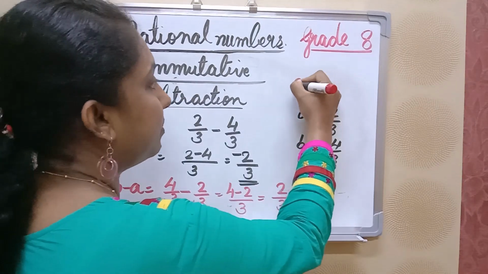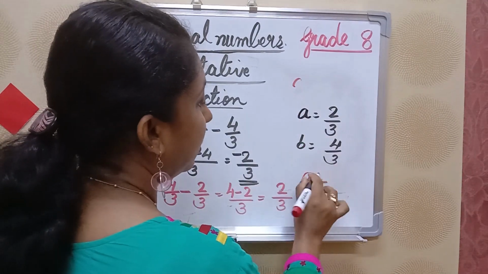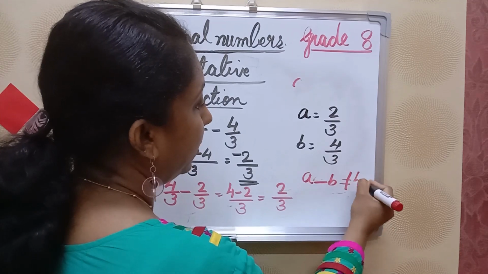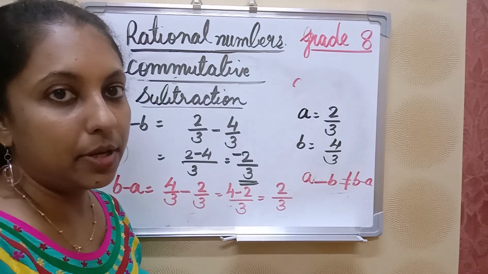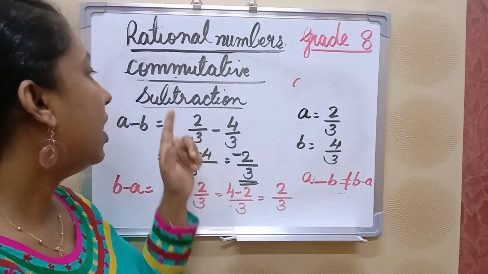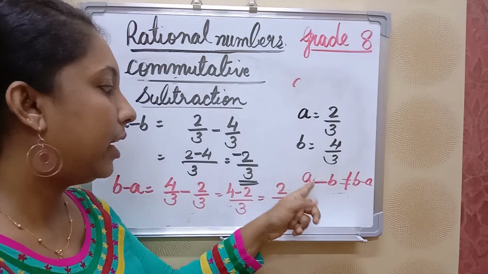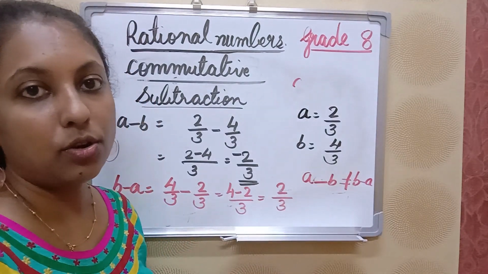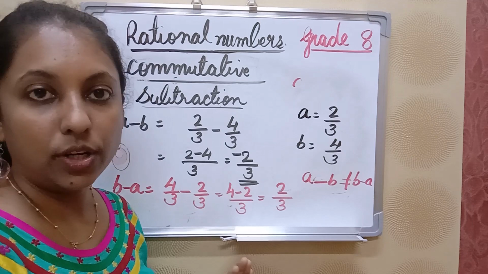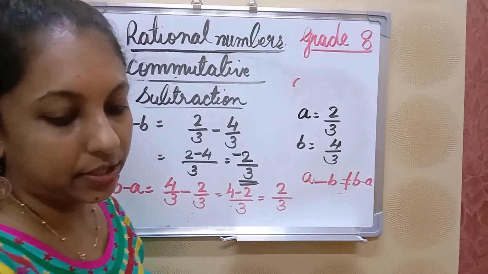So A minus B is not equal to B minus A. So rational numbers are not commutative under subtraction.